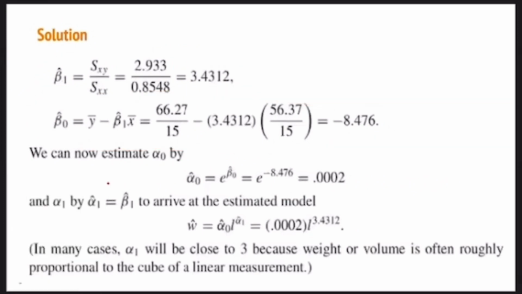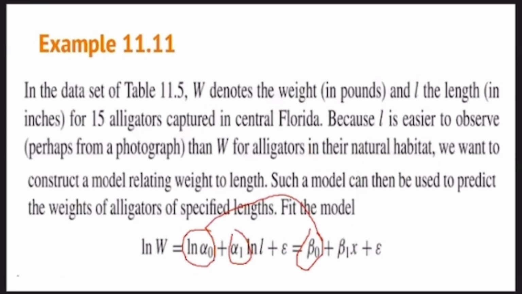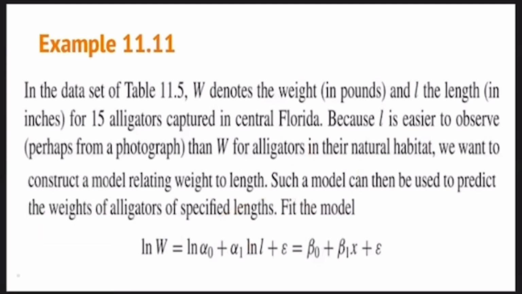Based on what we saw the other time, alpha 1 is equal to that. But if we want to get alpha naught, we need to exponentiate beta naught. Why are we exponentiating beta naught? Because this is how I know.